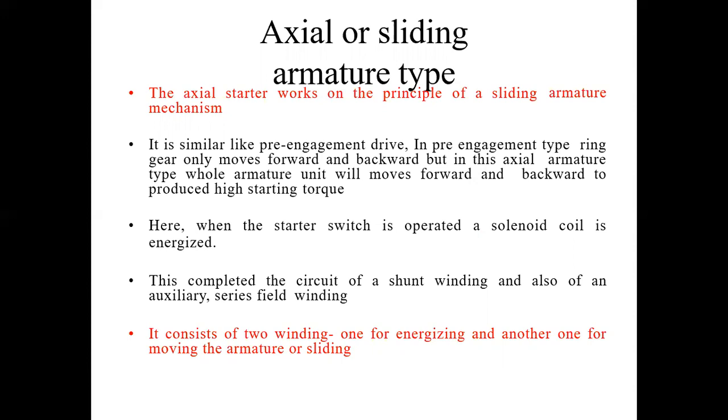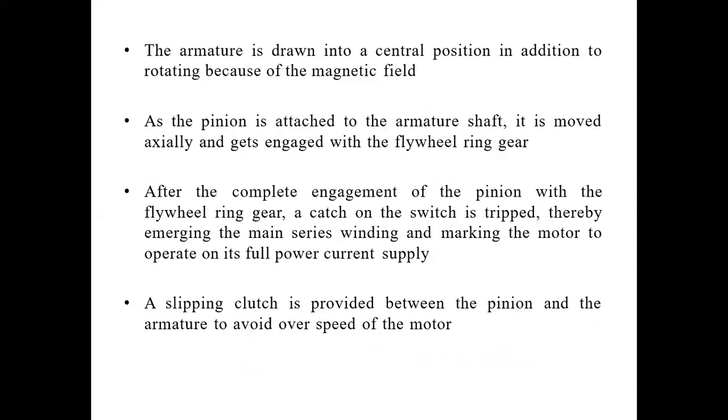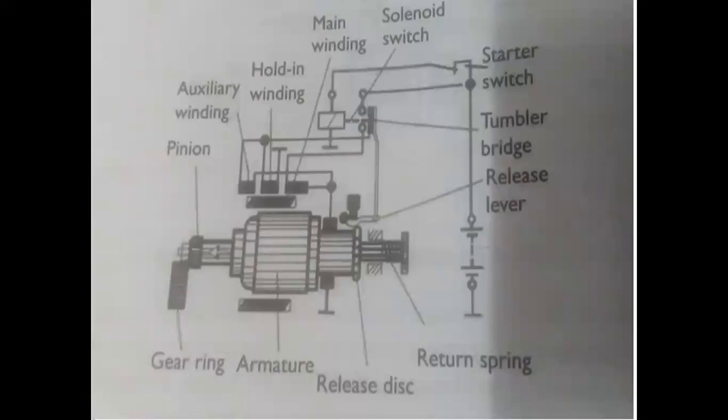So it consists of two windings, one for energizing and another for moving the armature. The armature is drawn into a central position in addition to rotating because of the magnetic field. As the pinion is attached to the armature shaft, it is moved axially and gets engaged with the flywheel ring gear. After complete engagement of the pinion with the flywheel ring gear, a catch on the switch is tripped. A slipping clutch is provided between the pinion and the armature. So this is the diagram for this model.